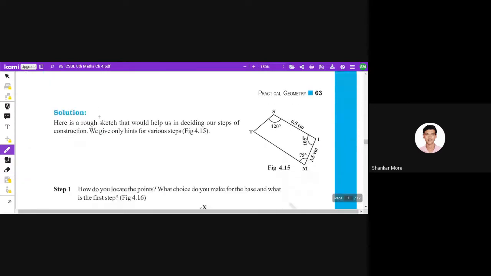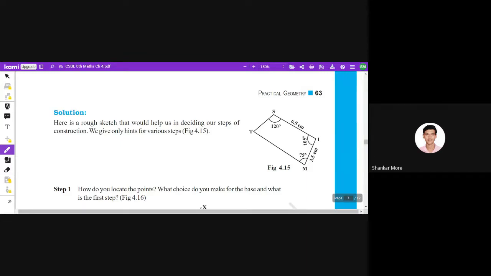So let's start by drawing a rough sketch of what our diagram would look like, right? So before we construct any actual figure, we just imagine the figure how it would look like, and we draw a rough figure, right, or a rough sketch, and by referring to that rough sketch we draw our actual figure, right?